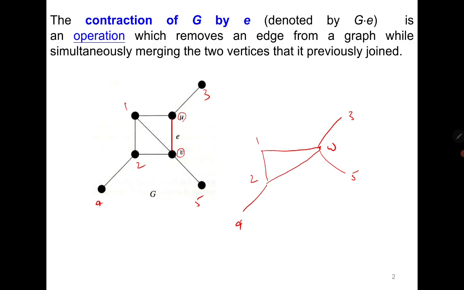Other than that, 1 is adjacent to U as well as 1 is adjacent to V. So therefore, there come two edges between 1 and W, and this is the contraction of this graph.